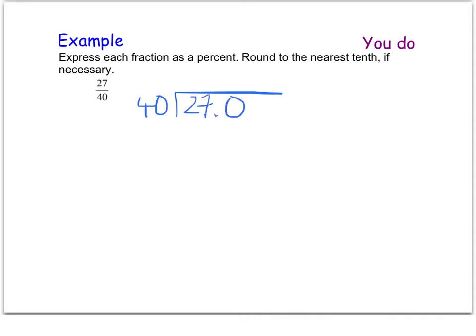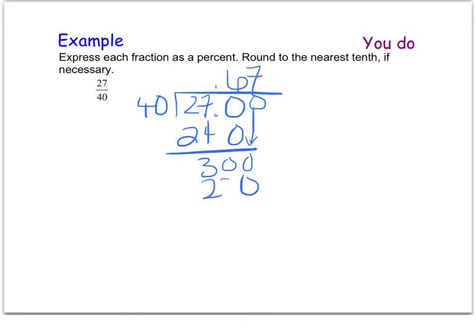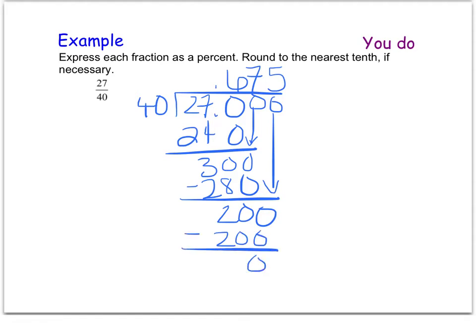And 40 into 27, when we do that, you get 0.675 after working through the long division, but it didn't ask me to write it as a decimal.